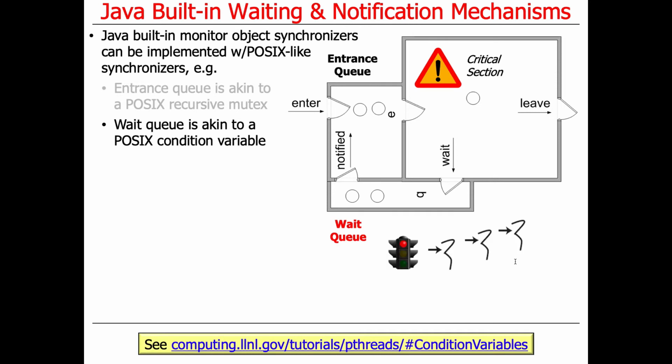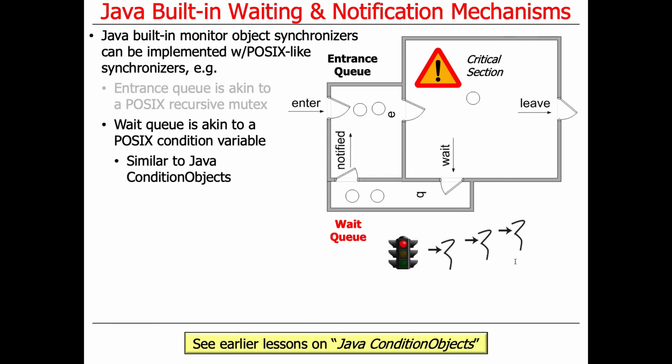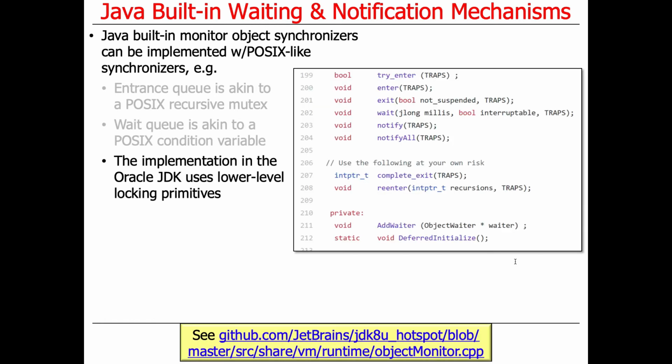It's beyond the scope of this discussion to go into that in detail, but just be aware that most Java implementations use low-level C or C++-like APIs to do the locking for the built-in monitor object synchronizers. These are similar to condition objects, but they're written at a lower level. They use the lower-level locking primitives. And if you want to make your head explode, take a look at some of the implementation stuff, and you can see how it's all done in the out-of-the-box Oracle implementation of Java.